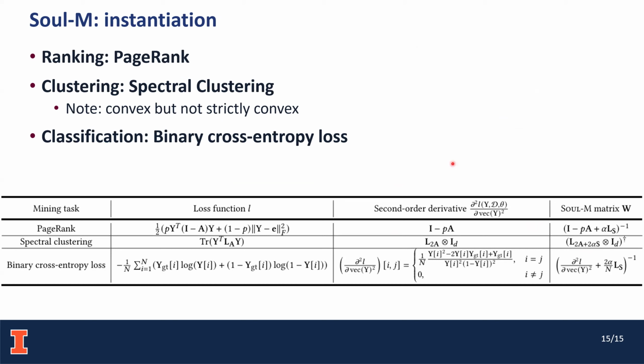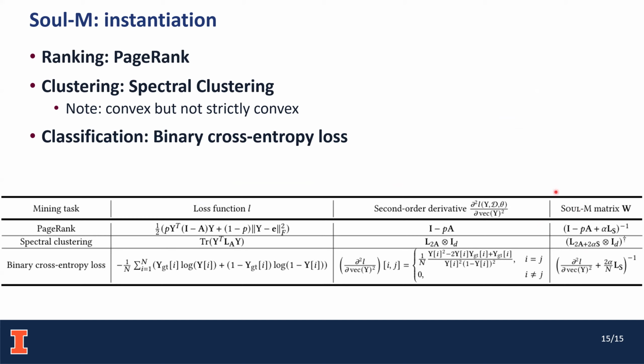So on this page, I'm going to instantiate the SOM matrix with 3 popular machine learning tasks, including ranking, clustering, and classification. More specifically, it will be PageRank, spectral clustering, binary cross entropy, and triplet loss. The formulas are summarized in the matrix below.